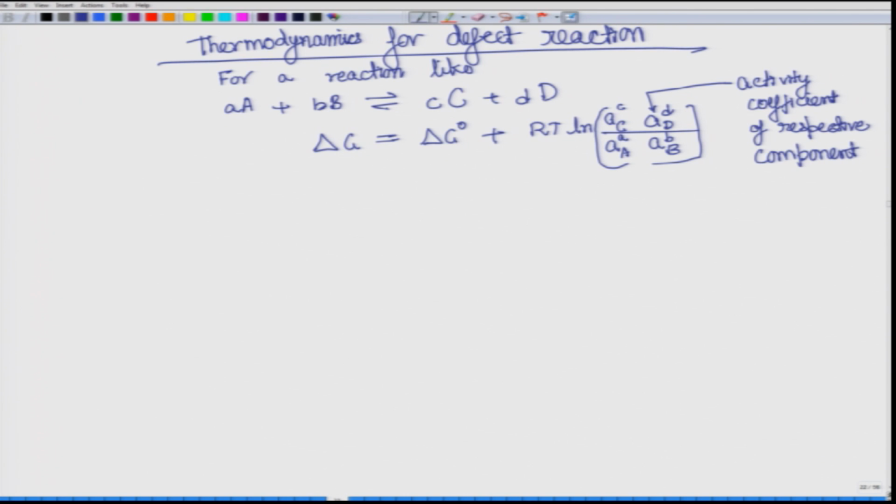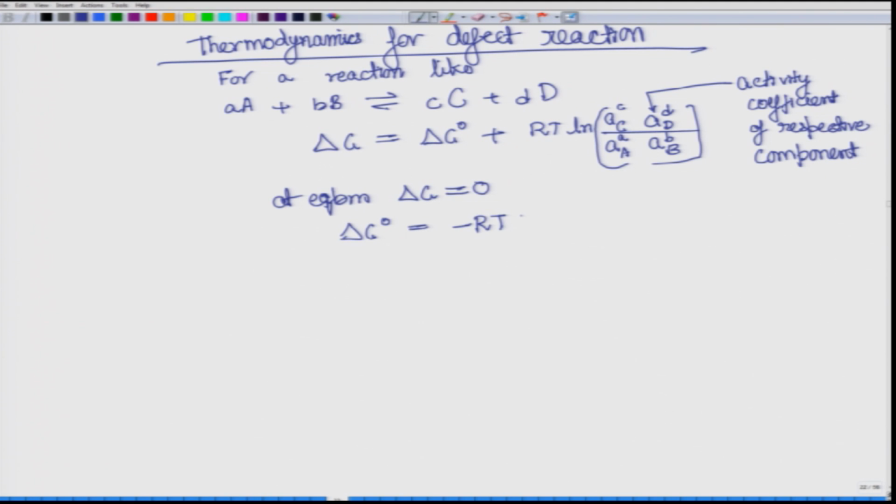For the respective component. Now, at equilibrium we will have delta G equal to 0, meaning the reaction has come to equilibrium, the reaction is not moving. We have equilibrium amounts of A component, B component, C and D. At that condition delta G is equal to 0, and therefore we have a relation like this.